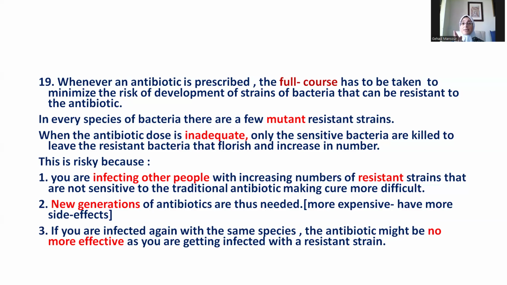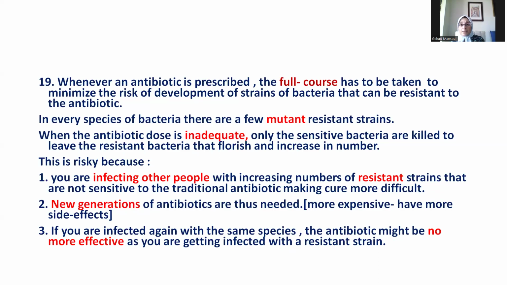Why? Because when you take an inadequate dose, whether because you took a lower dose than required or you took the dose for a shorter period of time, you're killing only the sensitive bacteria, the ones that are affected by the antibiotic. And these are the majority, by the way. But in every community of bacteria, there is also a minority of bacteria that are resistant, that are not responsive to the antibiotic.